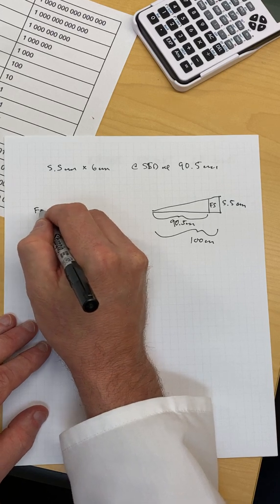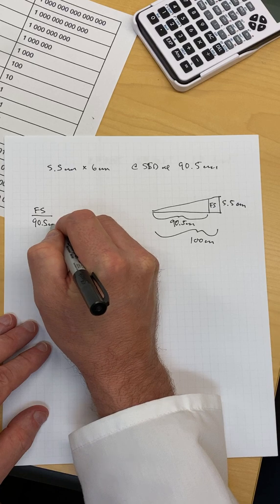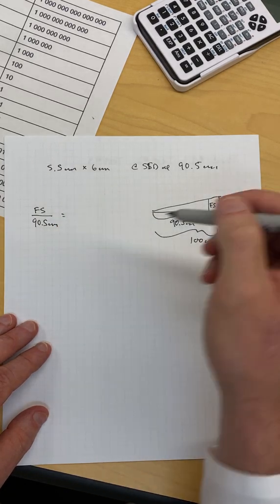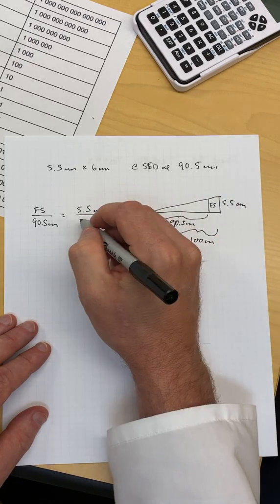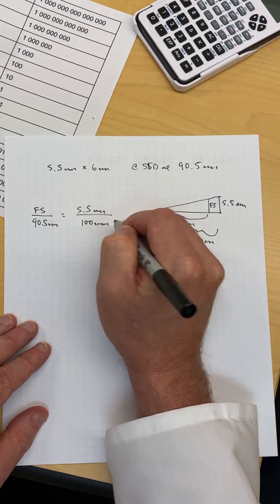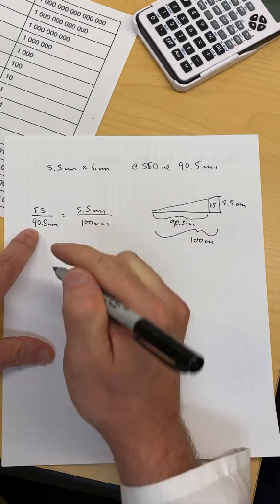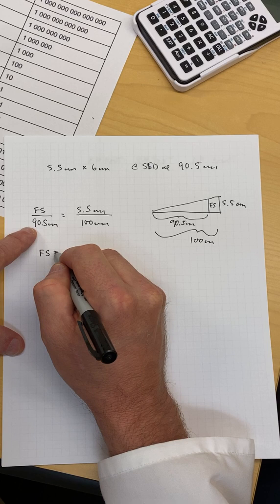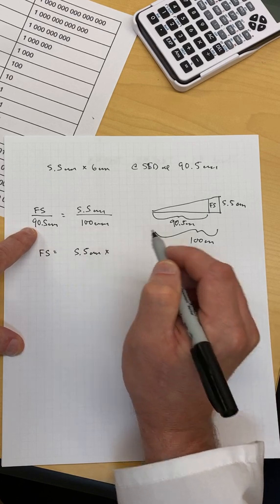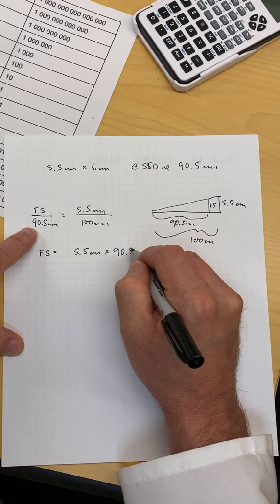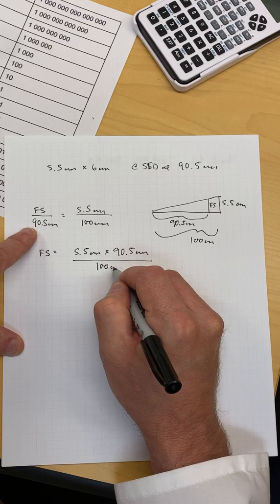So we have the field size that we don't know divided by 90.5 centimeters is equal to 5.5 centimeters divided by 100 centimeters. We just have to multiply both sides by 90.5 centimeters. Field size is equal to 5.5 centimeters times 90.5 centimeters, all divided by 100 centimeters.